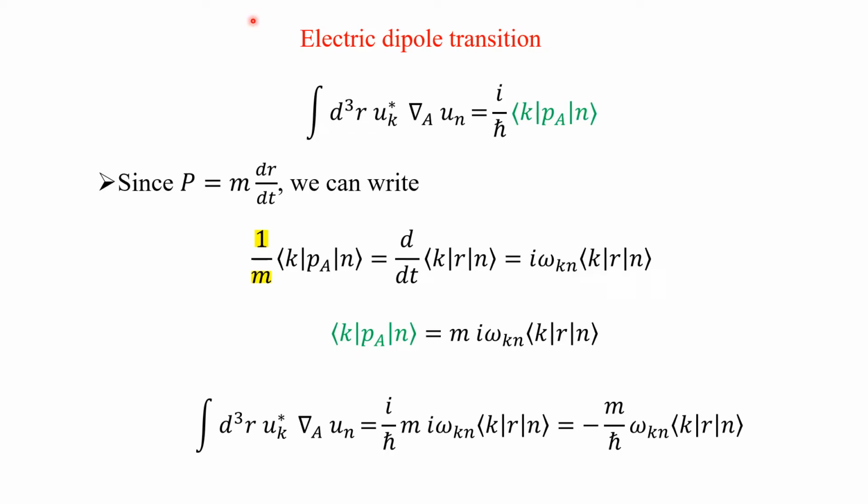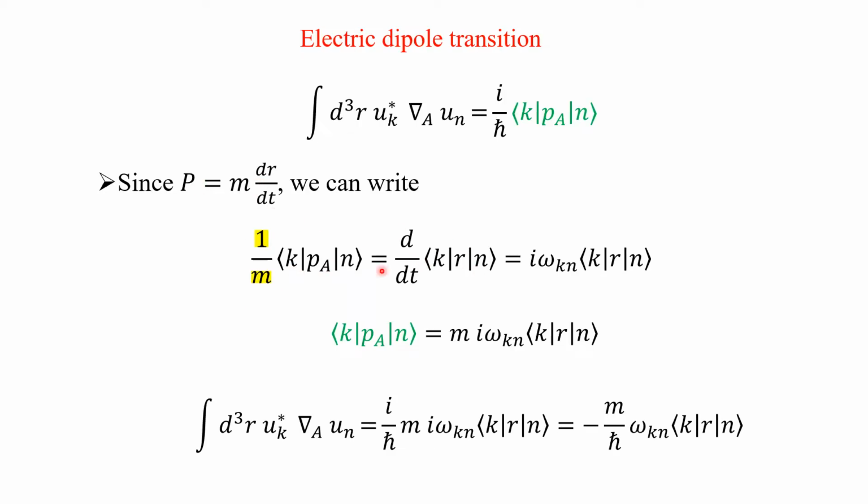Now we know that p is equal to mass times velocity, that is m times dr by dt. Hence we can write bra k p_A ket n as m times d by dt of bra k r ket n, because if you bring m to the left-hand side, p divided by m is equal to dr by dt.